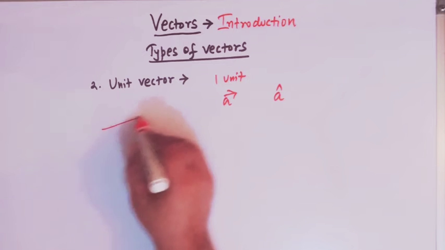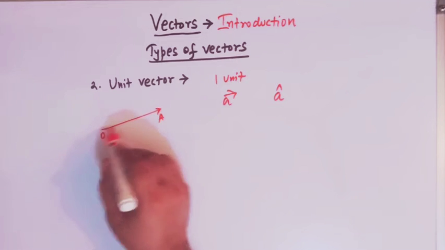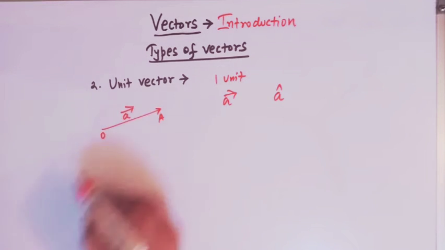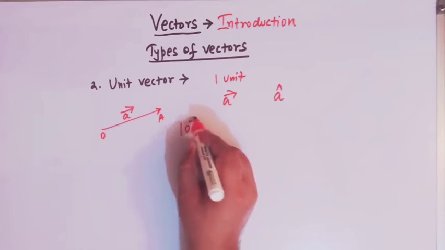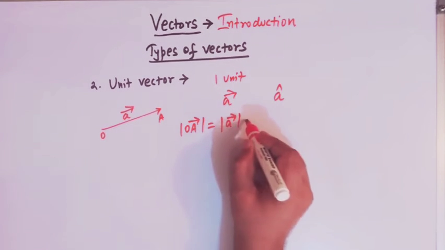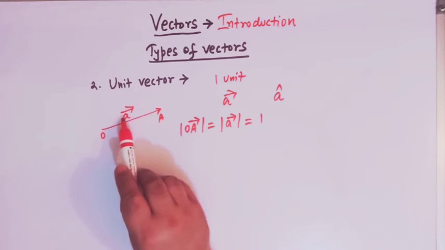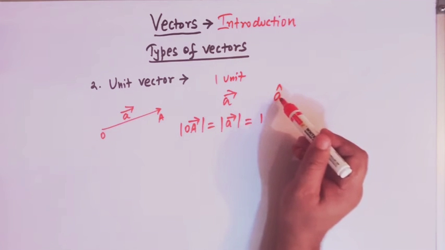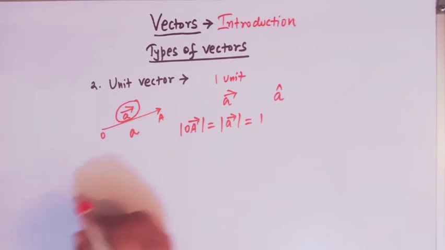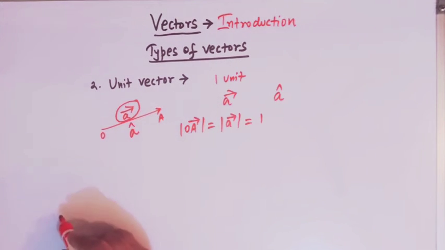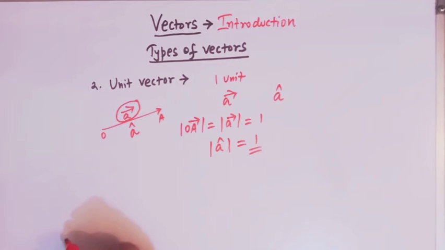So suppose we have a vector, say this is O point and this is point A, and if this vector is denoted by vector A, and this vector A is said to be a unit vector if the magnitude of vector OA, that is vector A, is 1, then this vector A is known as the unit vector, and instead of writing it as this, we can write it as A cap, right? So the magnitude of A cap is 1.